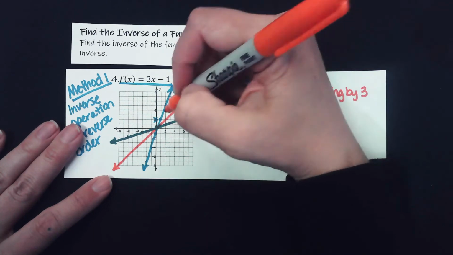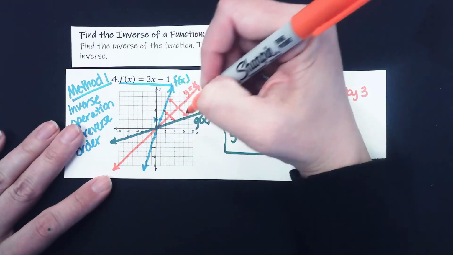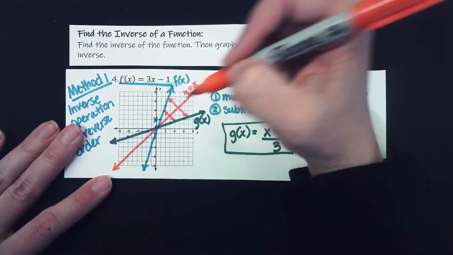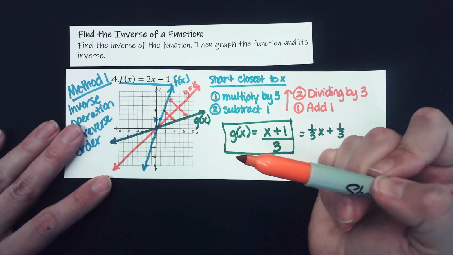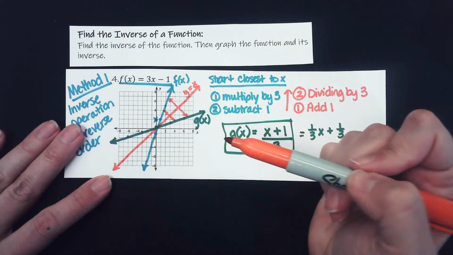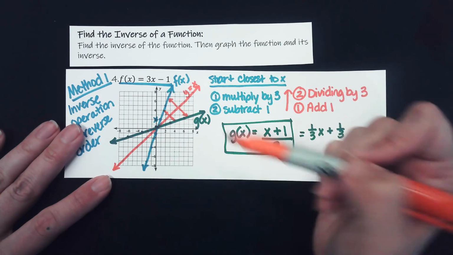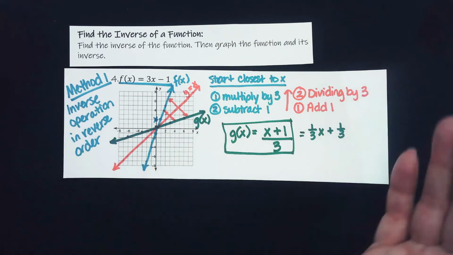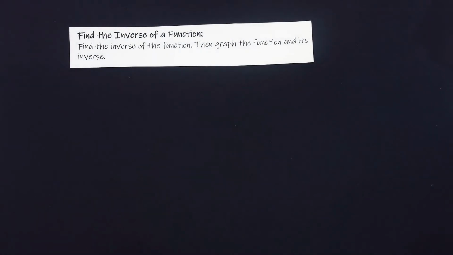You draw lines perpendicular to this, and they're going to meet at the same distance on both sides. So it takes your function and reflects it over that y equals x line. Okay, so you don't have to draw that y equals x, but I wanted to show you that that's what it's reflecting over, and that's a good way to check your graph: the two are the same, just flipped over the line.